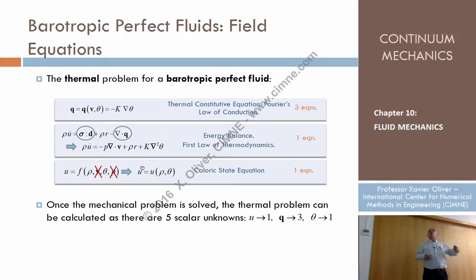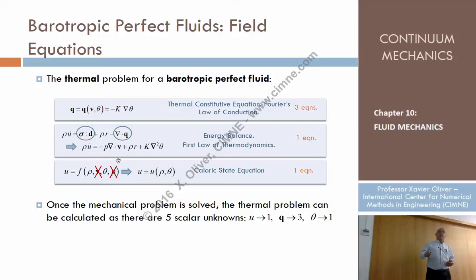Then, of course, once we have solved that problem, we can solve the remaining unknowns with the remainder of the problem. For instance, we have Fourier's law that relates Q with temperature. Then we have the energy balance that involves that. By the way, again, sigma times D in that case is minus P times the divergence of v.